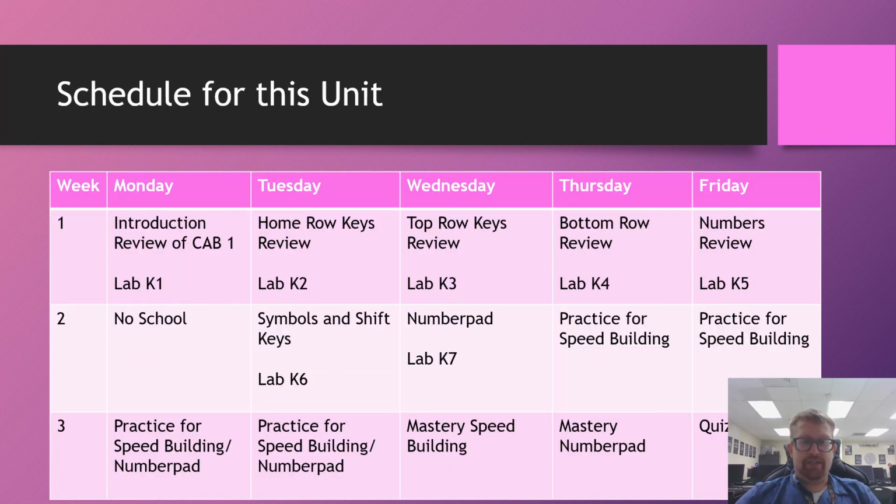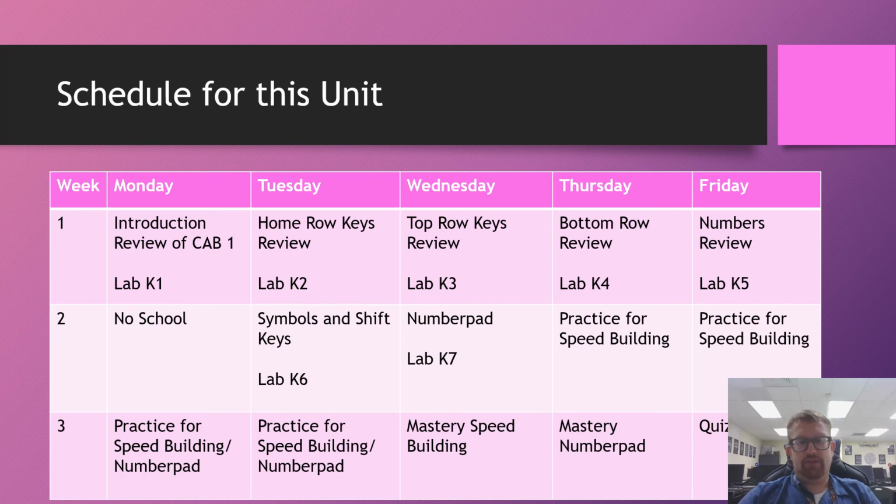All right, here is the schedule for you on this. Here we are, day one. We're going to review some of the Computer 1 stuff. Tomorrow, in the next lesson, we'll talk about home row keys, then top, bottom, and number. On Monday next week, there's no school. Then we'll talk about the symbols and the shift keys. Then we'll talk about the number pad, and then I'll give you time to practice.